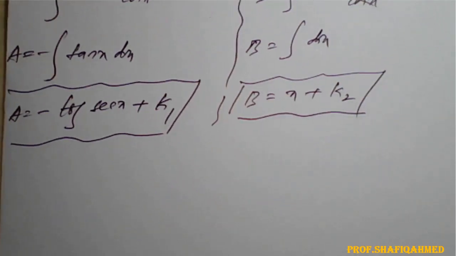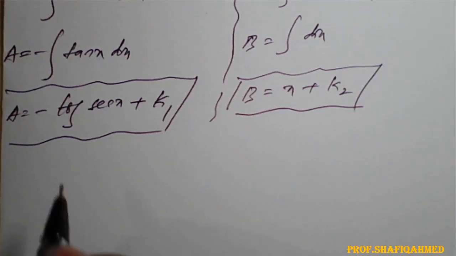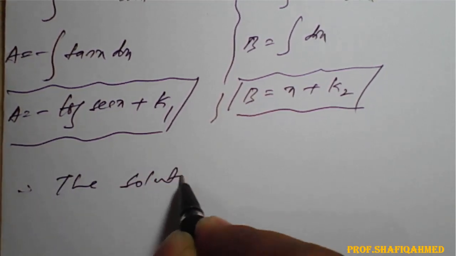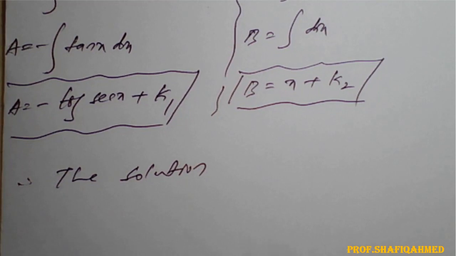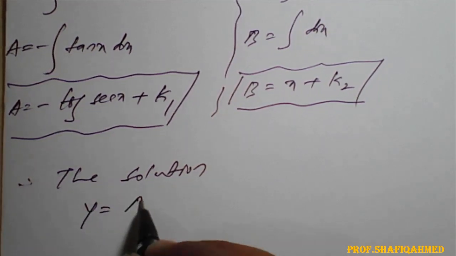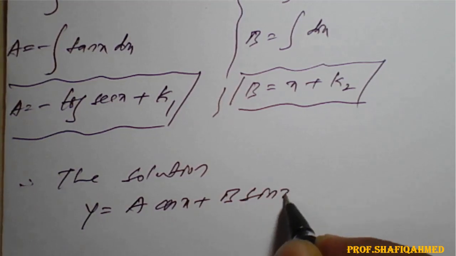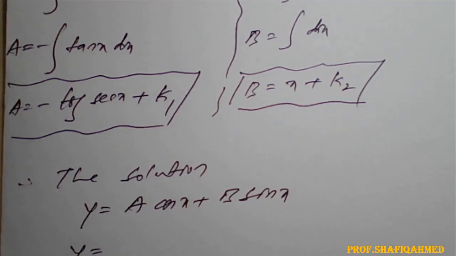So we got the value of A and the value of B. Therefore the solution is y equal to A into cos x plus B into sin x. So we need to replace the values of A and B now.